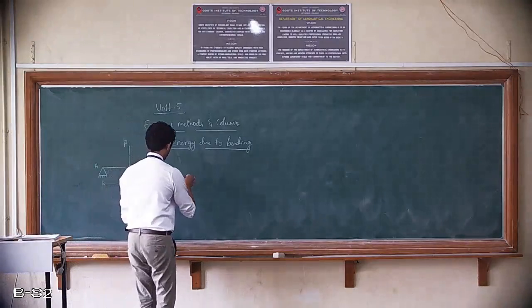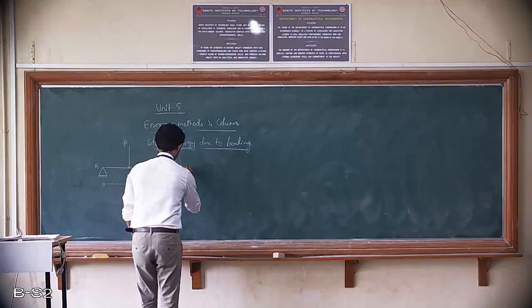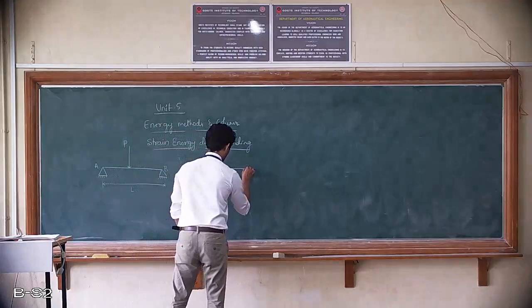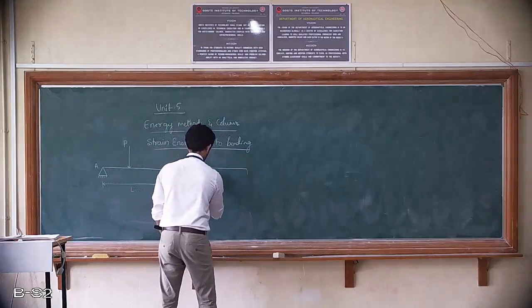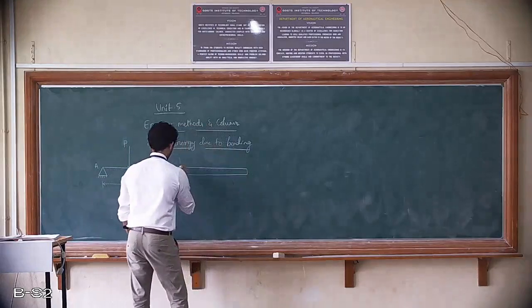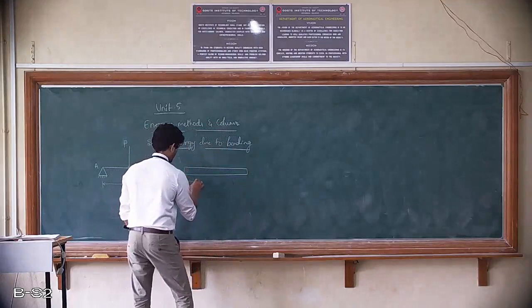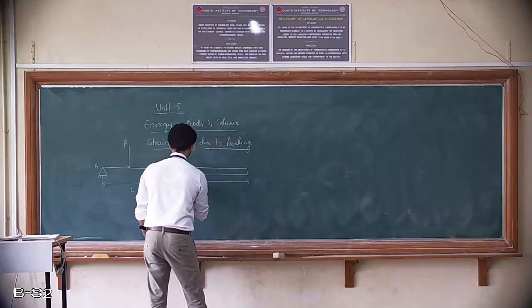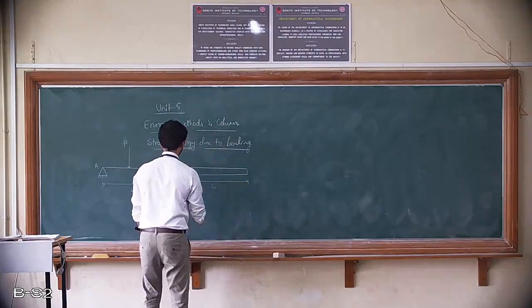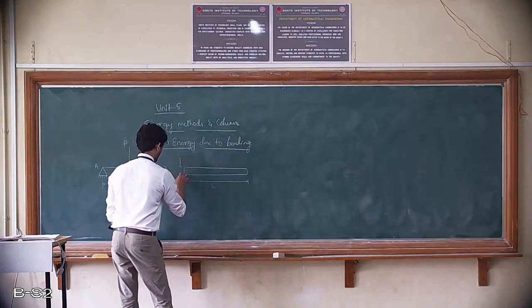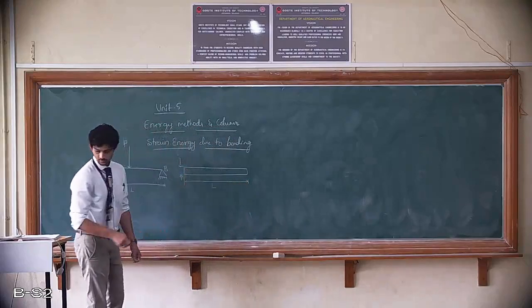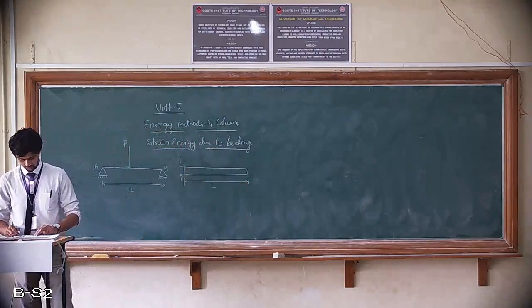Now, if I want to give the cross section for this particular beam, let the beam look like this, which has a length L, and there is going to be a certain height to that.